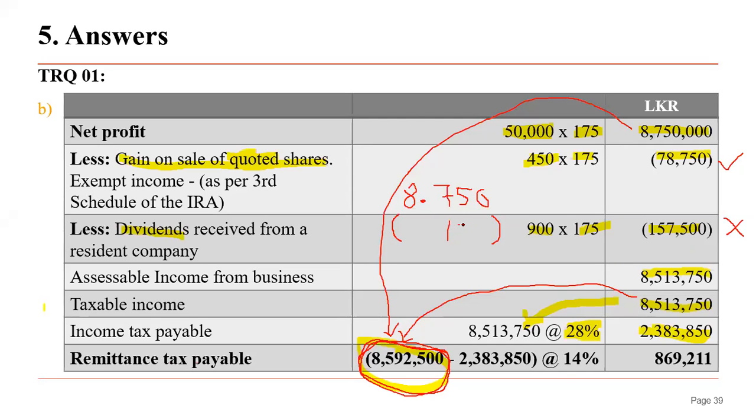Here 175, you need to deduct 175.5, then you will get the answer 8.592.5. Is it clear? Yes, exactly.